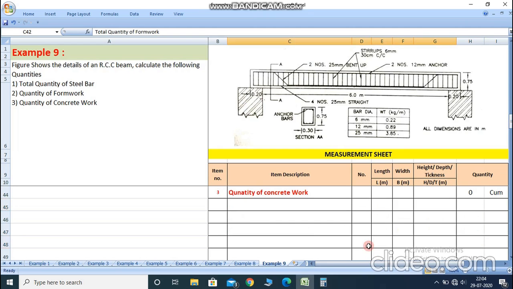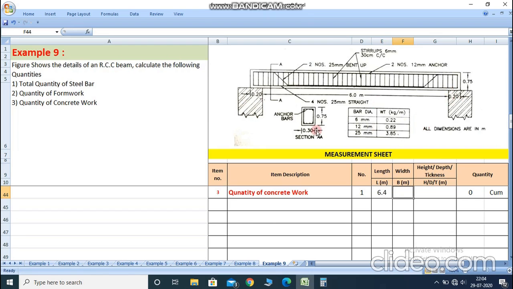Now the quantity of concrete work. The quantity of concrete work is the third item we calculate. Here a single beam is provided, so first we write 1. Then the length of the beam is 6 plus 0.2 plus 0.2, with 0.2 given on both the left and right sides, so the total is 6.4.